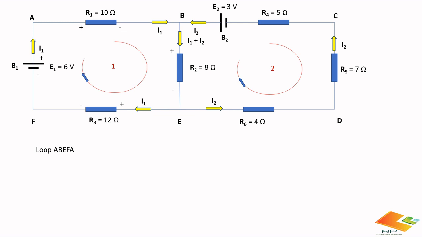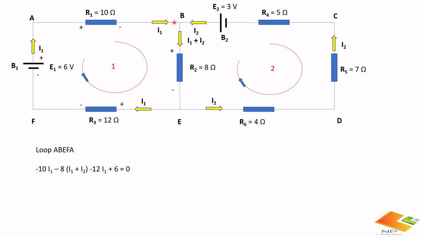So what happened here: minus 10 I1, minus 8 times I1 plus I2, minus 12 I1, plus 6 is equal to 0. How does this equation come? The voltage drop across resistor 1 is minus 10, with current I1.